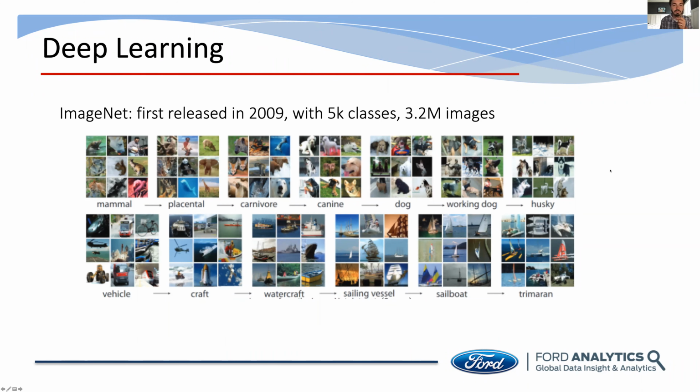But again, it was first released in 2009. There were 3 million images, 5,000 different classes, and quite specific. So not just recognizing a dog, but recognizing particular breeds of dog or particular types of trees and things like that.